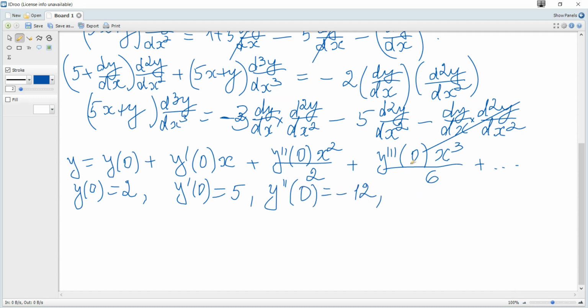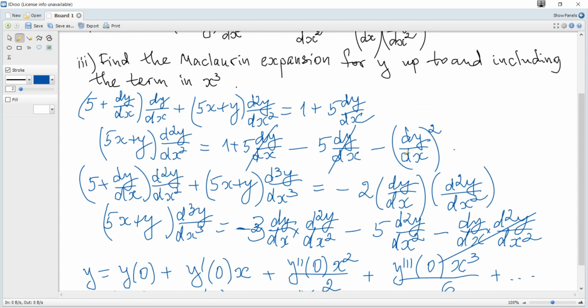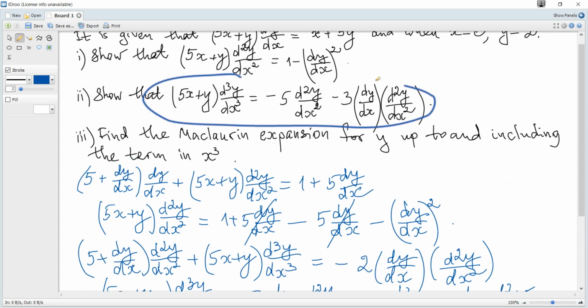And we need just the third derivative at 0. So consider this at x equals 0.